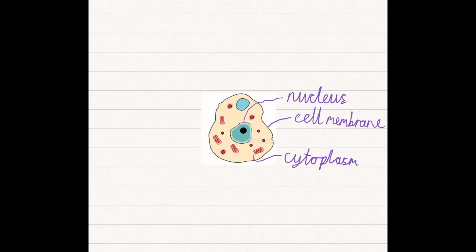And now there's the ribosomes, which are the tiny red dots. And finally we've got the mitochondria, which are the red, round, rectangular ones. Did you manage to label all of them correctly? Well done if you did.